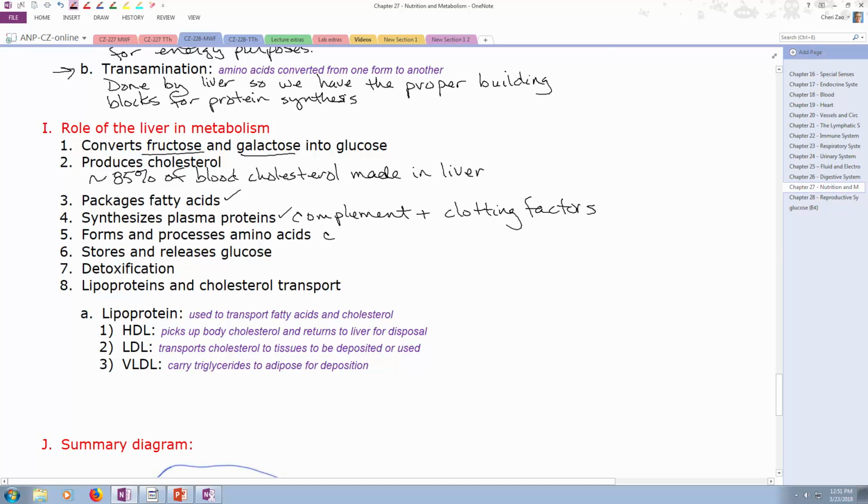It indeed forms and processes amino acids. So again, that's the deamination, transamination. It stores and releases glucose. Storage form of glucose, you guys know, is glycogen.